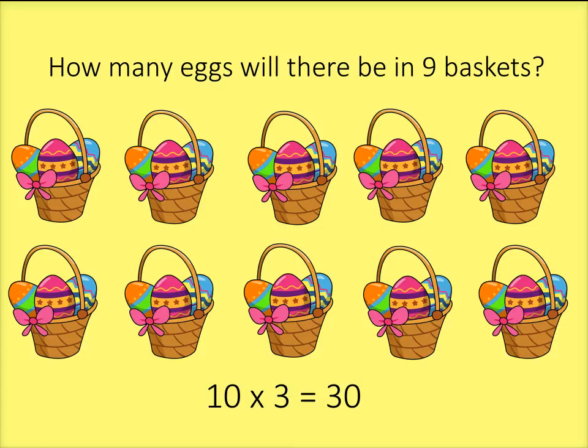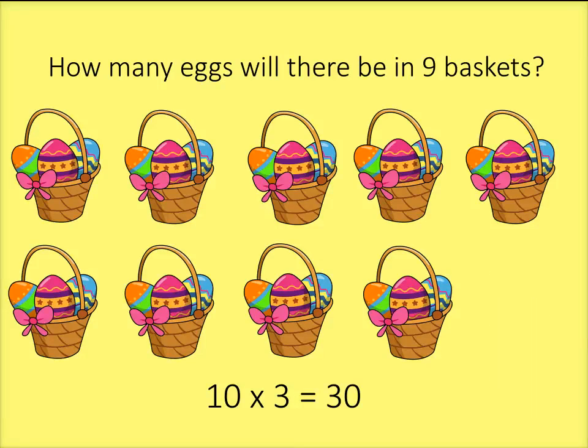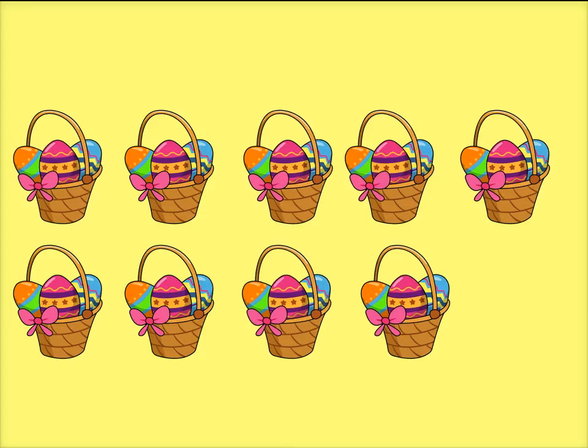But we want to know how many eggs are in 9 baskets, so that means we need to get rid of a group. So now we can think of this as 10 groups minus 1 group. So we can say that 9 times 3 is the same as 30 minus 3. The 30 was 10 groups, minus the 3 in the 1 group that we took away. So now we know that 9 times 3 is 27.